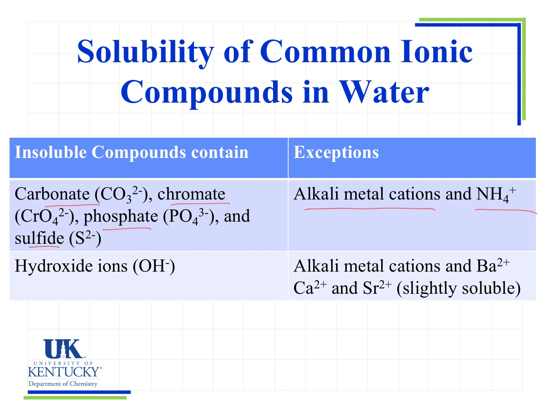The other anion, which is insoluble in most cases, is hydroxide ion. If it forms an ionic compound with hydroxide, it's insoluble except if it's with the first group metals or with these three. The last one is slightly soluble. So these are the compounds that are not soluble except if you have them with these ions.